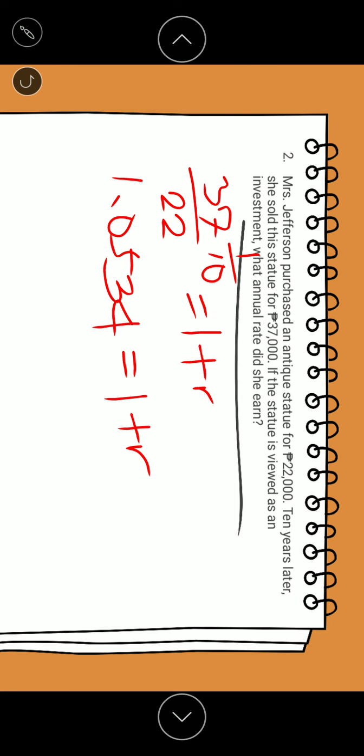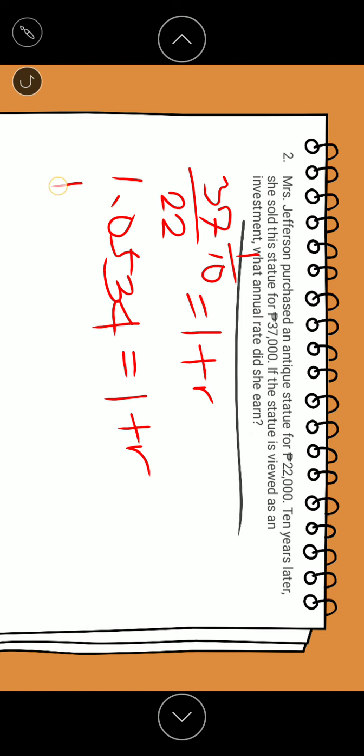So from the positive, it becomes negative. Remember that when transposing a number or a variable, the positive becomes negative, the negative becomes positive.